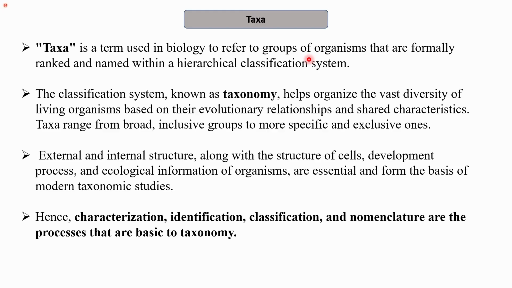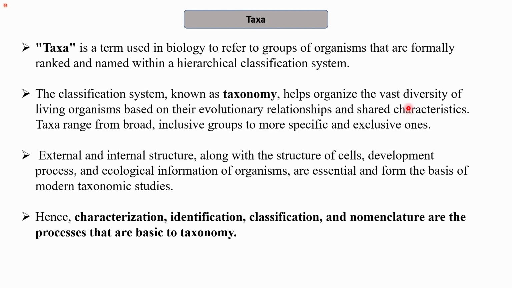Similarly, if I apply this to the biological system, taxa refers to groups of organisms formally ranked and named within a hierarchical classification system. This will become clearer as we move further into this lecture. The classification system is known as taxonomy, and it helps us organize the vast diversity of living organisms based on their evolutionary relationships and shared characteristics.